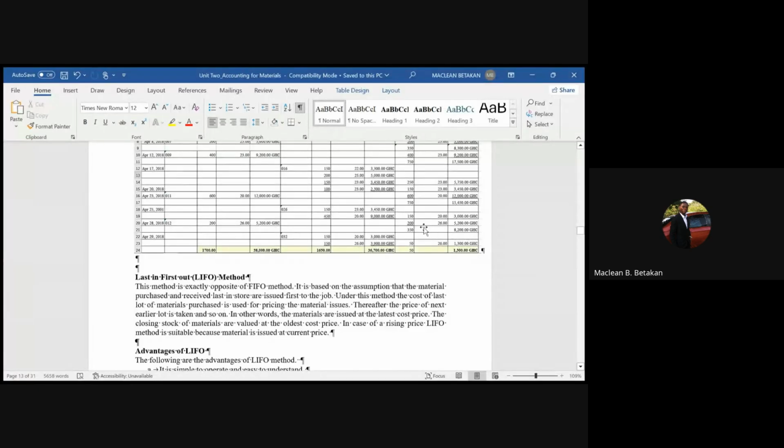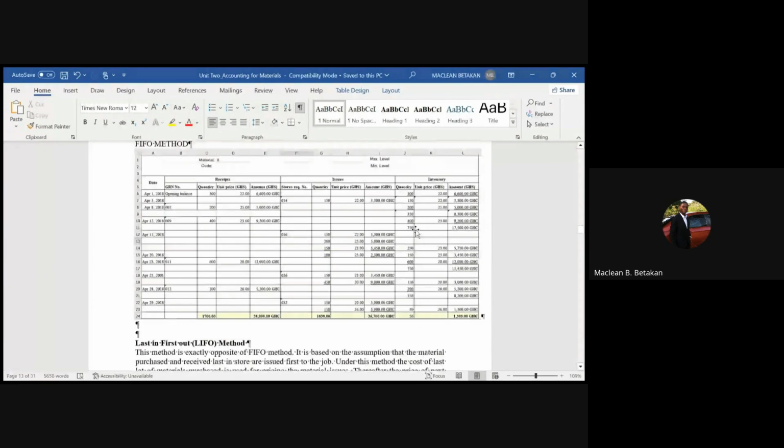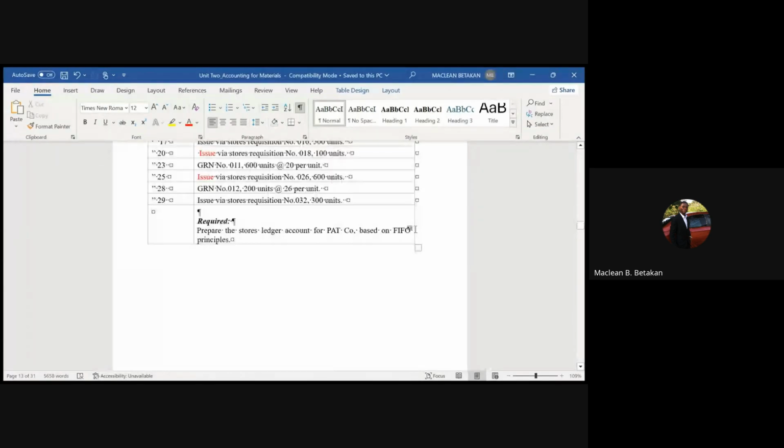So we have 350 inventory left. We can issue out, but no more than 350. So look at the last transaction. What happened? We are issuing 300 out of our 350.